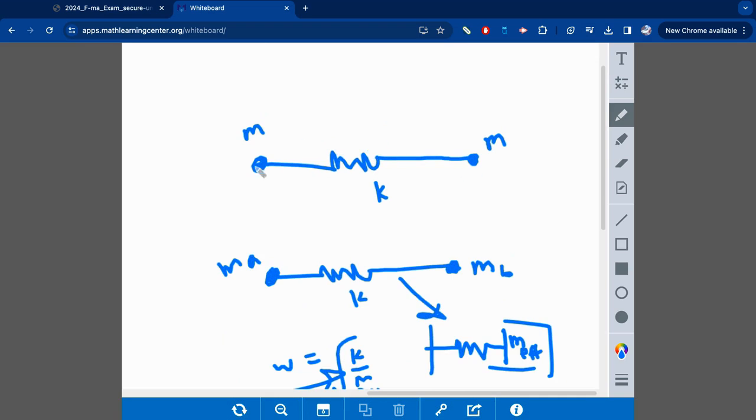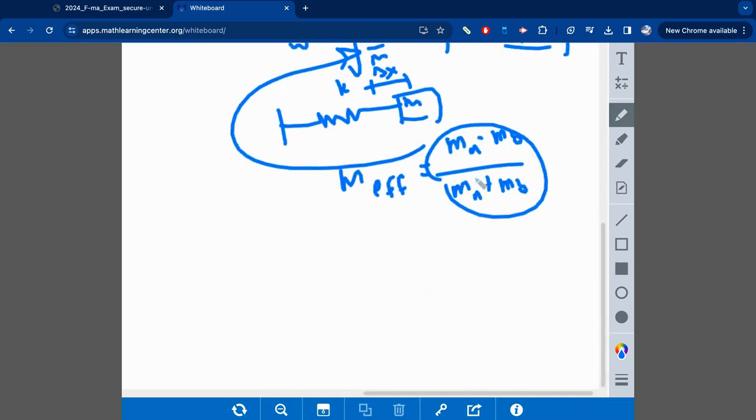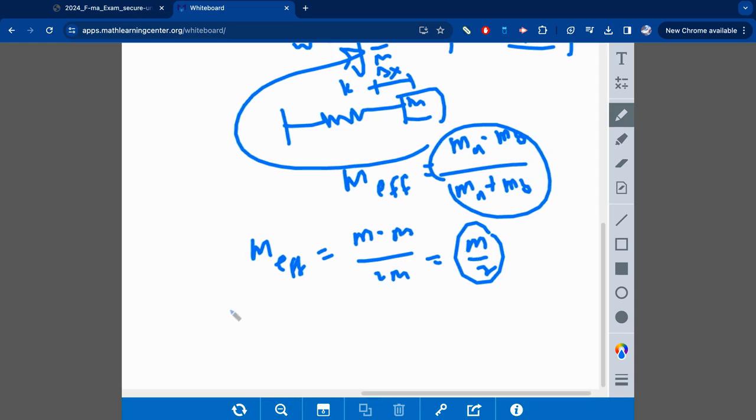So if both of them have the same mass m, our effective mass is m times m over 2m, which is m over 2. If we plug that into the equation for W, the angular frequency, root k over the effective mass, so root 2k over m.